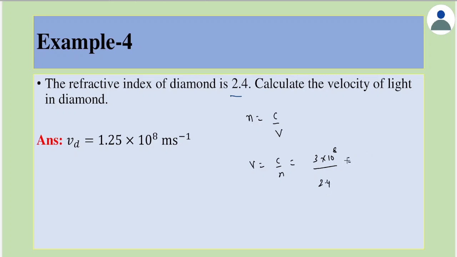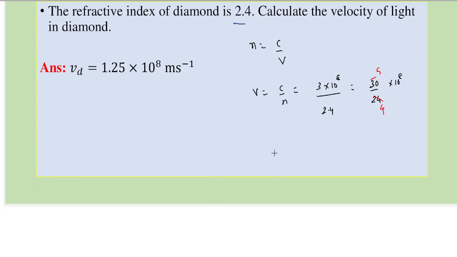So you can write this as, if you multiply and divide by 10, 30 by 24 into 10 power 8. 6 fours are 24, 6 fives are 30, so it becomes 5 by 4, which is equal to 1.25.